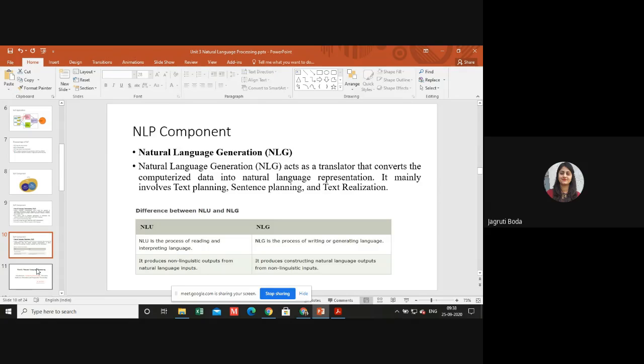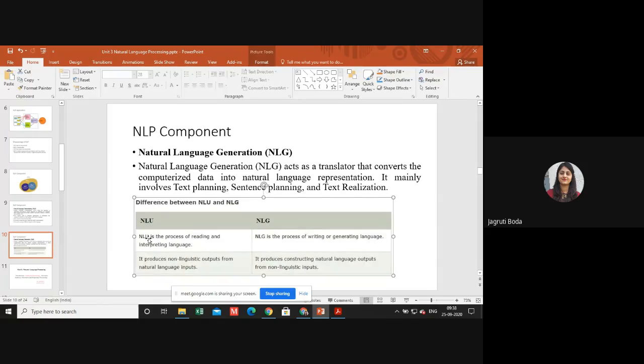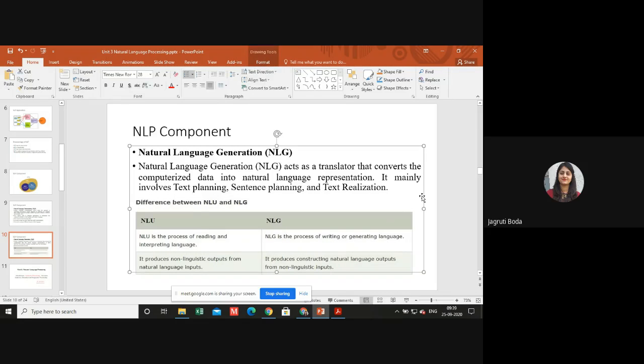Now, what is the difference between these two components, that is your NLU and NLG? You can see it here in this table below. NLU is the process of reading and interpreting the language, and NLG is the process of writing or generating a language. Now you understand the main domain is natural language processing.